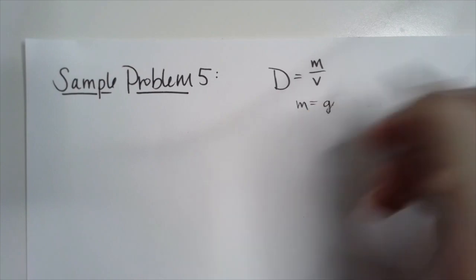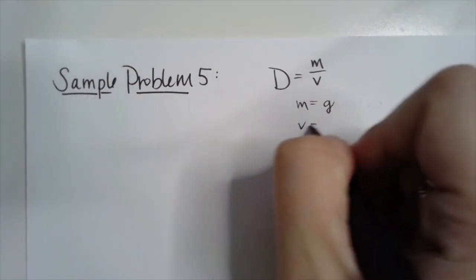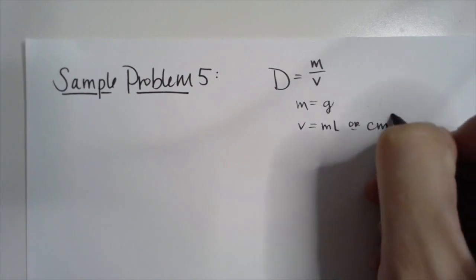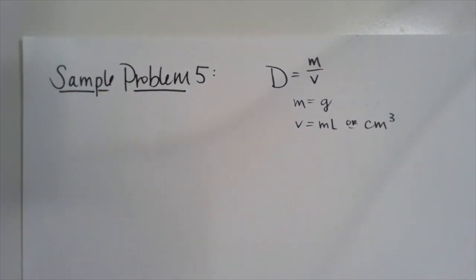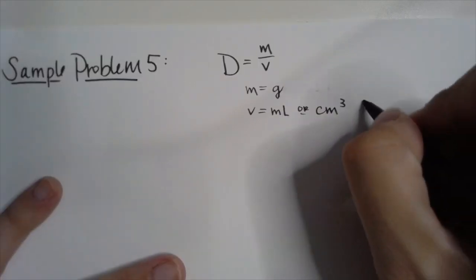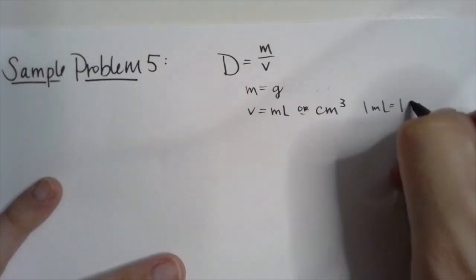Volume is going to be in units of milliliters or centimeters cubed. Those are interchangeable, they equal one another. So 1 milliliter equals 1 centimeter cubed, just so you remember that.